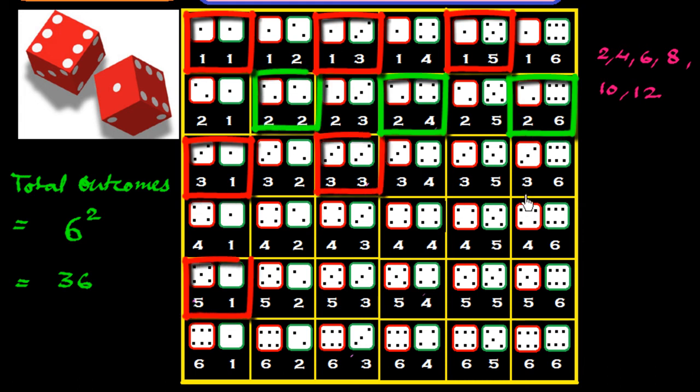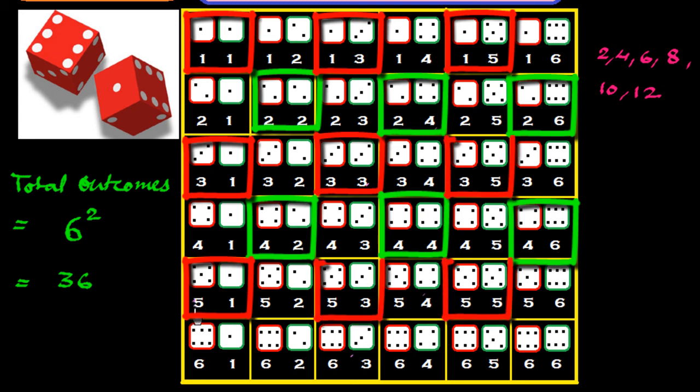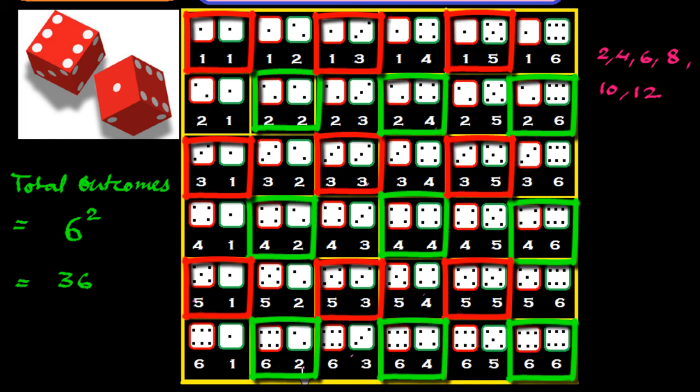In the third row we again get alternately: 3 plus 1 is 4, 3 plus 3 is 6, 3 plus 5 is 8. Here also 4 plus 2 is 6, 4 plus 4 is 8, 4 plus 6 is 10. Here 5 plus 1 is 6, 5 plus 3 is 8, 5 plus 5 is 10. Here 6 plus 2 is 8, 6 plus 4 is 10 and 6 plus 6 is 12.